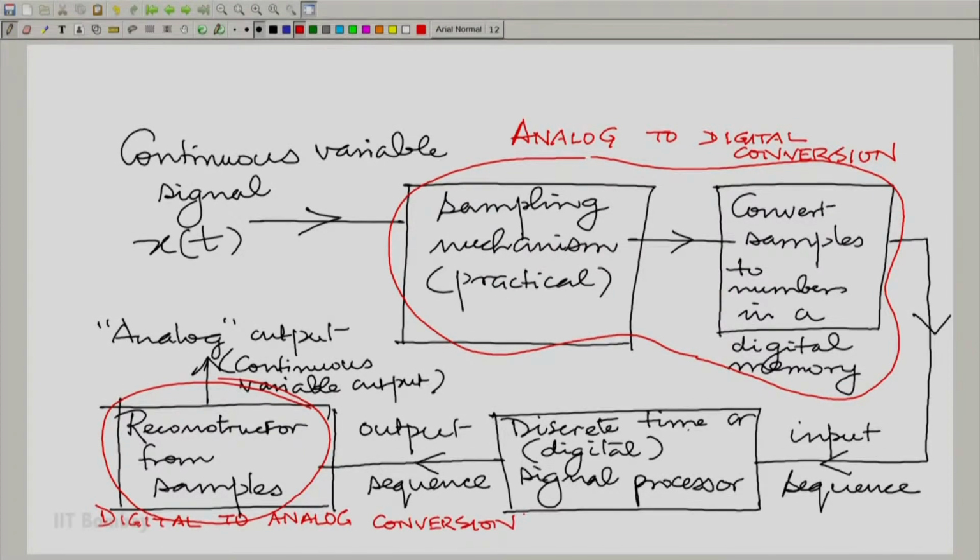In fact, there are also abbreviations. So, analog to digital conversion is often abbreviated by ADC and digital to analog conversion by DAC. So, you must have often heard about these things. Nowadays, they are quite common. You must have heard that the ADC is not doing its job so well, or the DAC.